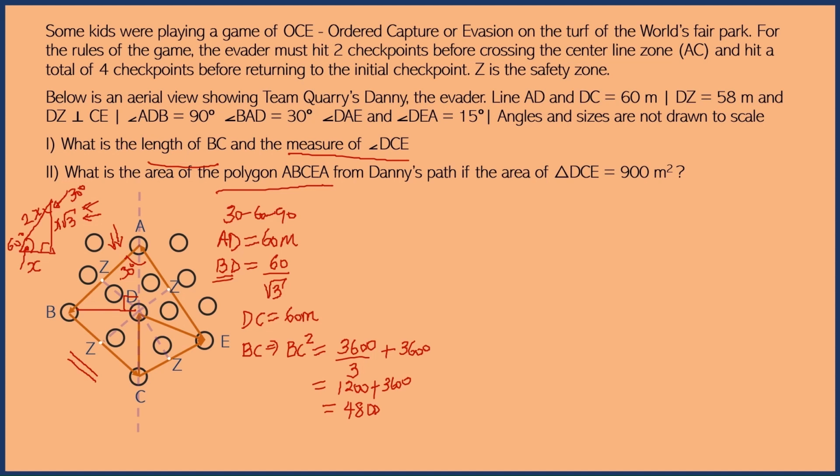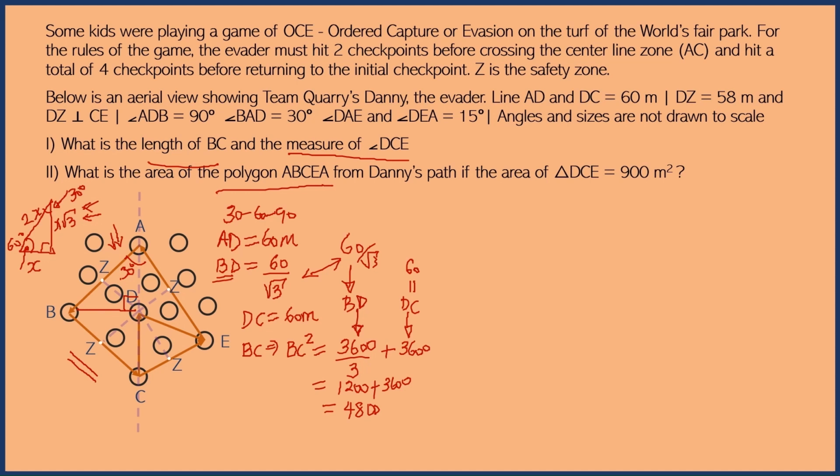So now where did I get this from? This is from the length of BD, and this is from the length of DC. Because this is 60 over root 3, as you can see here, and DC is the same as AD, which is equal to 60 as well.